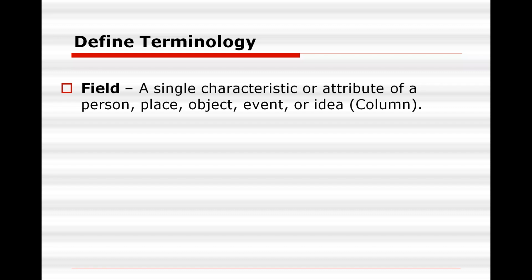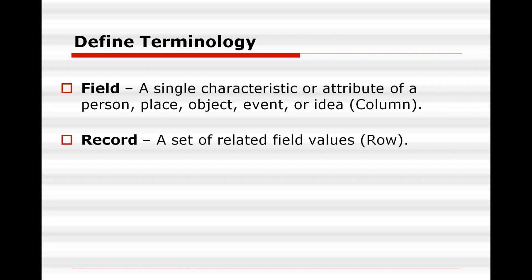If you take some object or place or event into your database, we call that a field. Simply, in a table, it's a column. If you take one table, you have columns and data records. This column we call a field in a database.